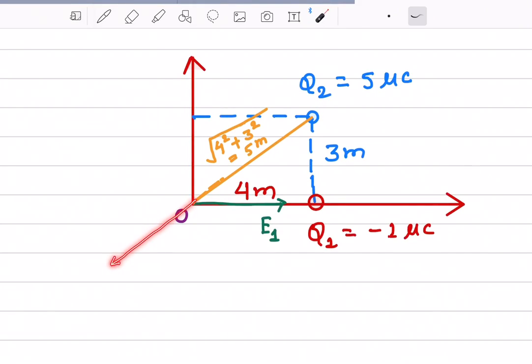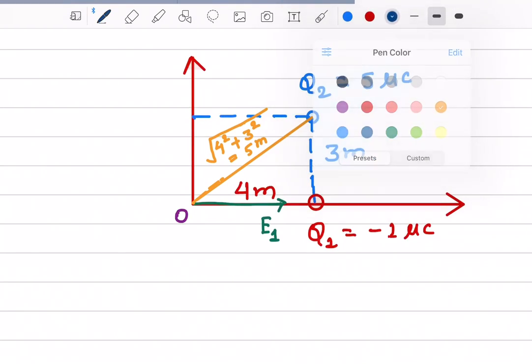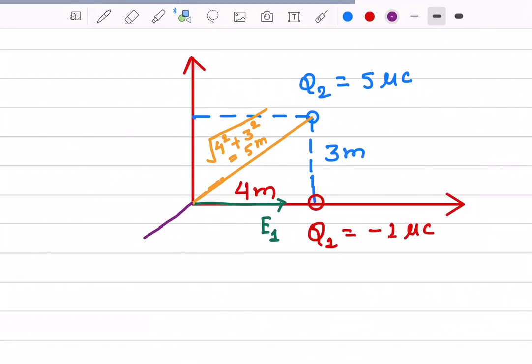Now let's find out the direction of the electric field. As this is a positive charge, the direction will be away from the charge. I'm going to use a different color, the purple one. So this will be the direction of the electric field due to the charge Q2.